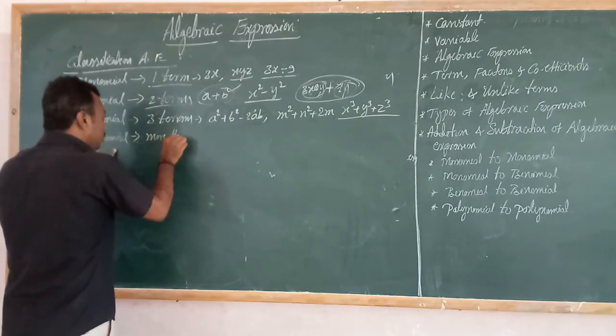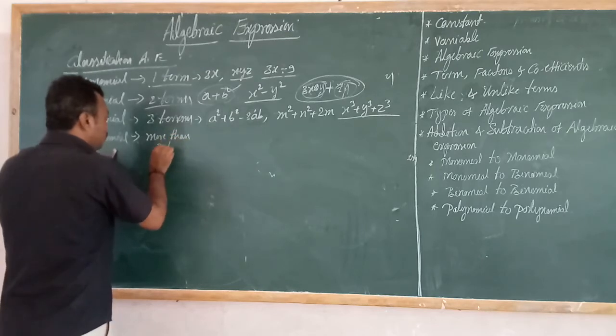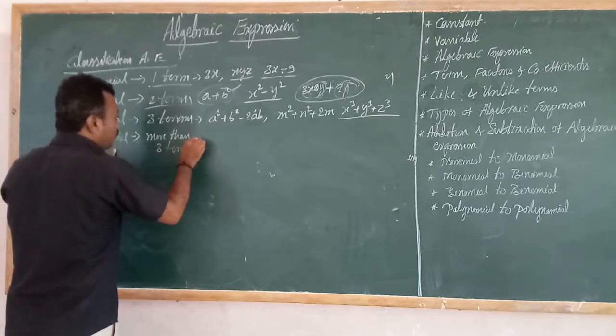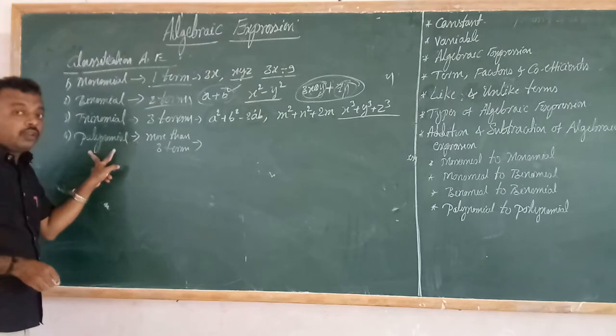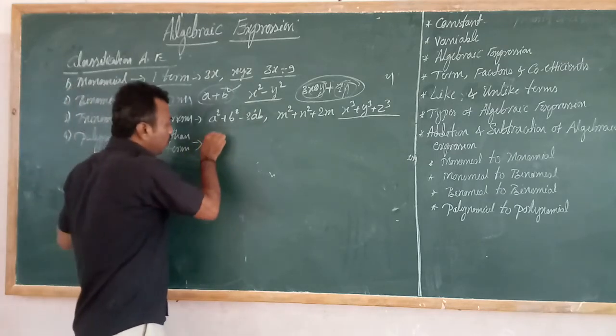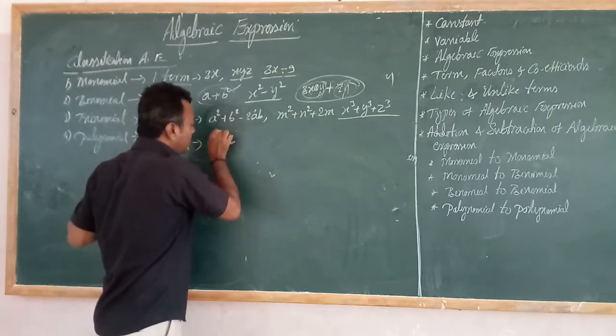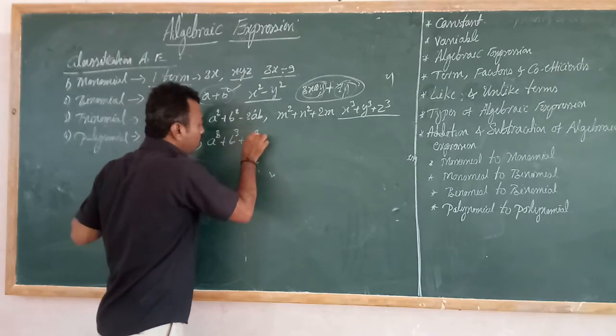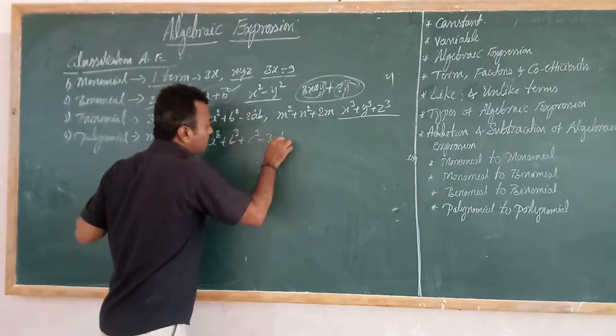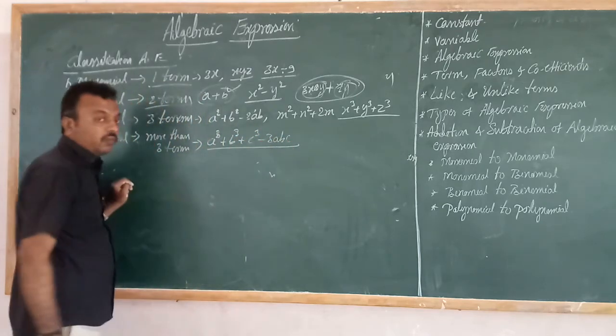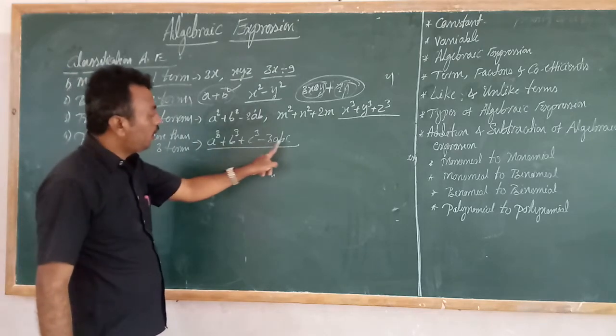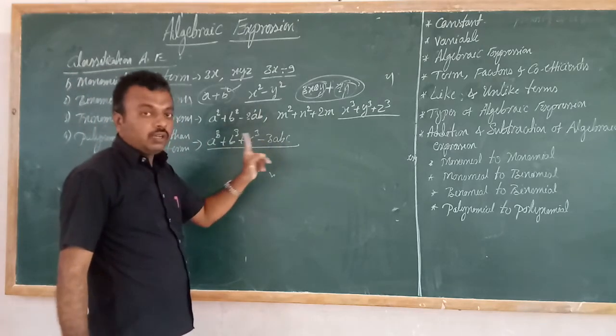Generally we call it polynomial. For example, a square plus a cube plus b cube plus c cube minus 3abc. So how many terms are there? There are four terms, 1, 2, 3 and 4. So this is a polynomial.